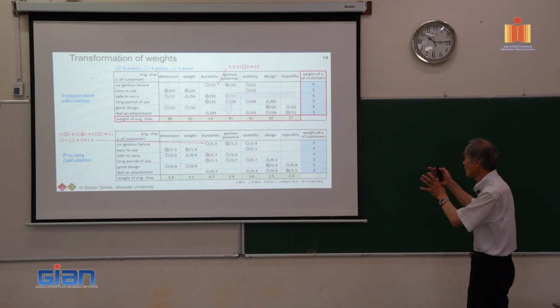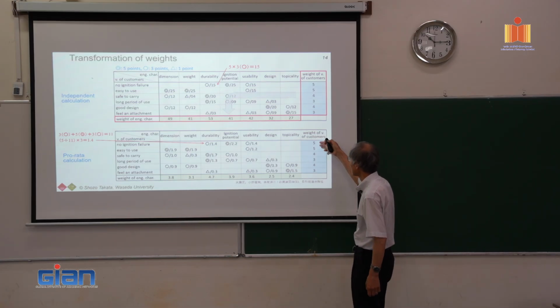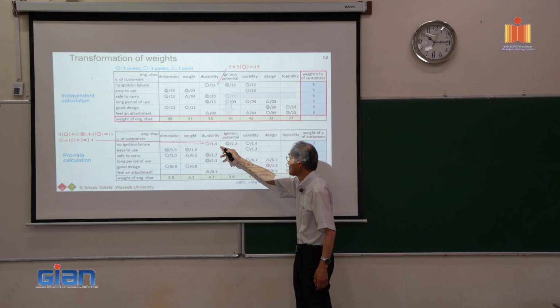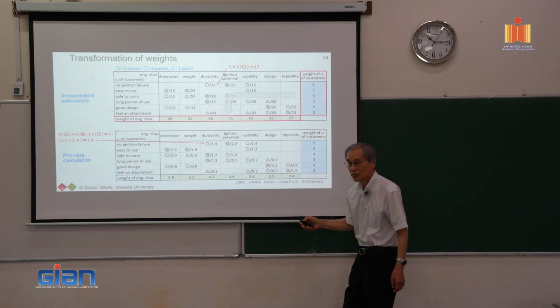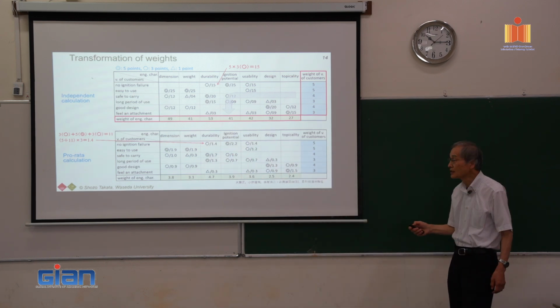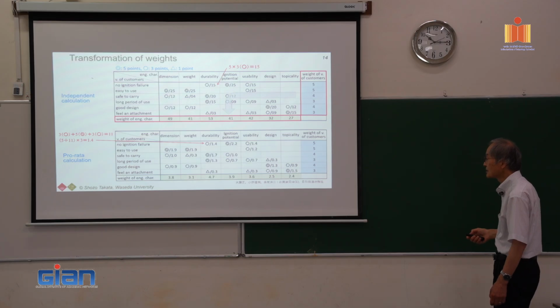So this is a way to distribute the value of 5 into 1.4, 2.2, and 1.4. This is a so-called prorate calculation.